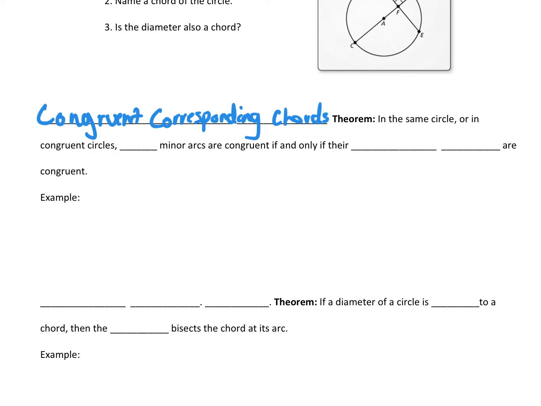And what that really means is it says that in the same circle or in congruent circles, if two minor arcs are congruent, they are congruent if and only if their corresponding chords are also congruent.